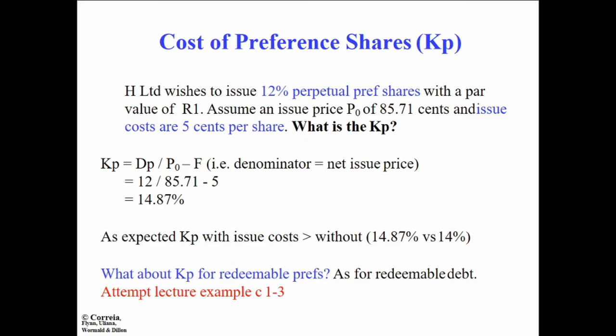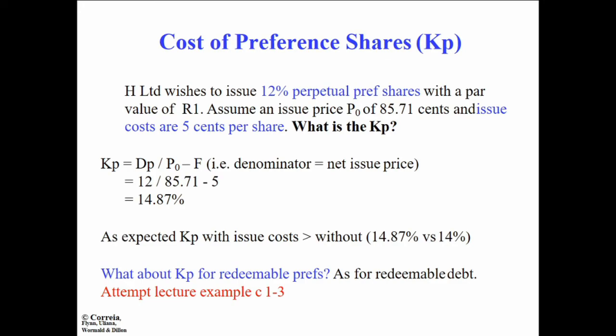So we will calculate the cost of the preference share by taking the dividend rate of 12% and dividing it by the price of the preference share of 85.71 Rand net of the flotation costs. So the flotation costs need to be subtracted from the price per share. So this will give us a cost of preference shares of 14.87%. And again, the return required is 14.87%. However, the return generated is 12%.